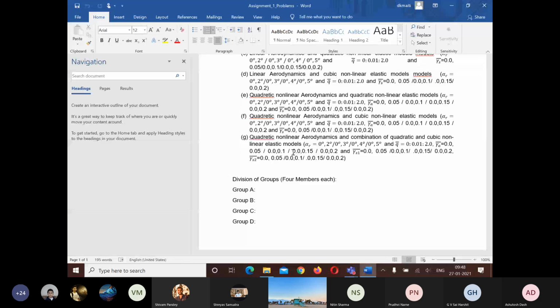Today it may be 34, but as per the roll list it is 40, total 28 from BTech and 12 from MTech batch. You want to have 5 groups, 8 people in a group? It is okay.